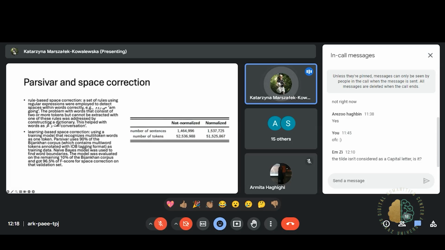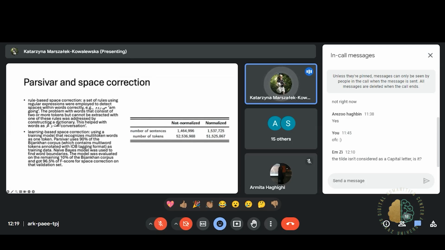What seems to be the significant advantage of Parsevar over the others is its space correction. Parsevar is using 2 different approaches to correct spaces. One is rule-based, and the other is learning-based space correction, where they use the naive Bayes model to find word boundaries.